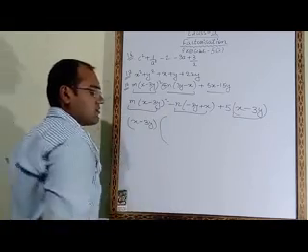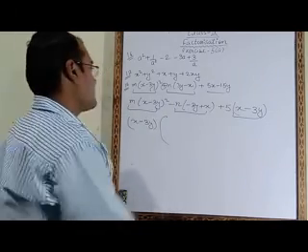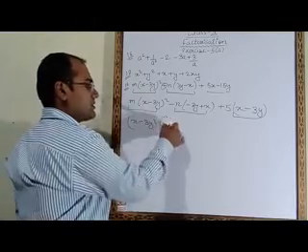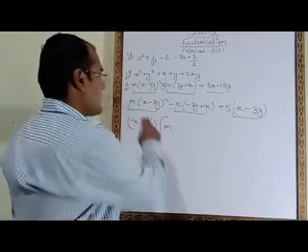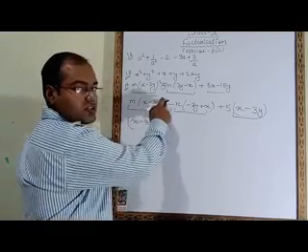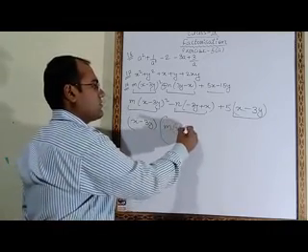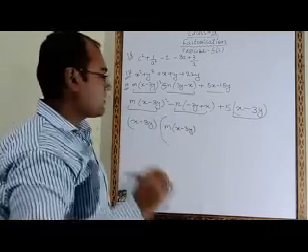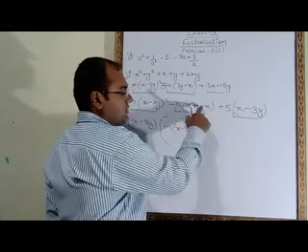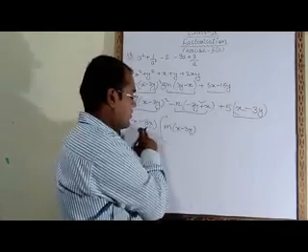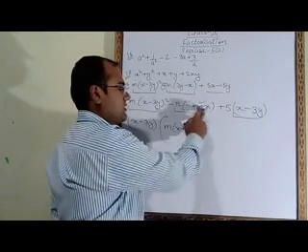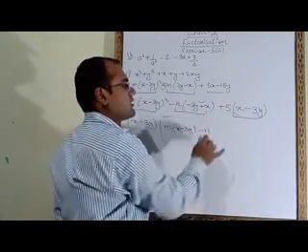Now in the big bracket we will write the remaining part. M we have not taken common, so m is remaining. X minus 3y 2 times, whole power 2 is there, that means 2 times. But 1 we have taken common, so 1 is remaining. So x minus 3y, 1 time we have to write. From this term also we have taken x minus 3y common, so no need to write this x minus 3y, but we will write minus n.